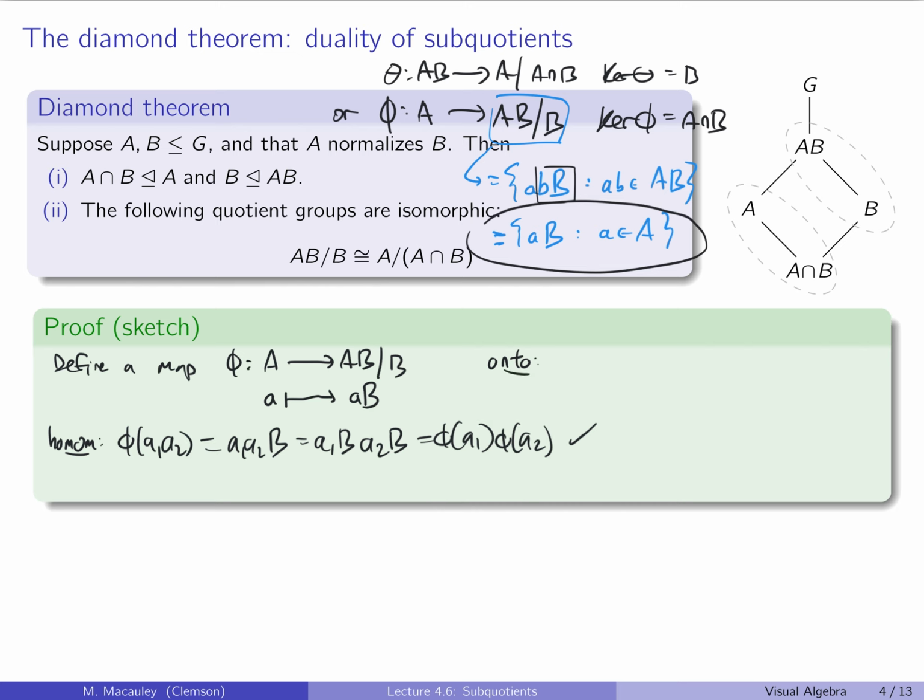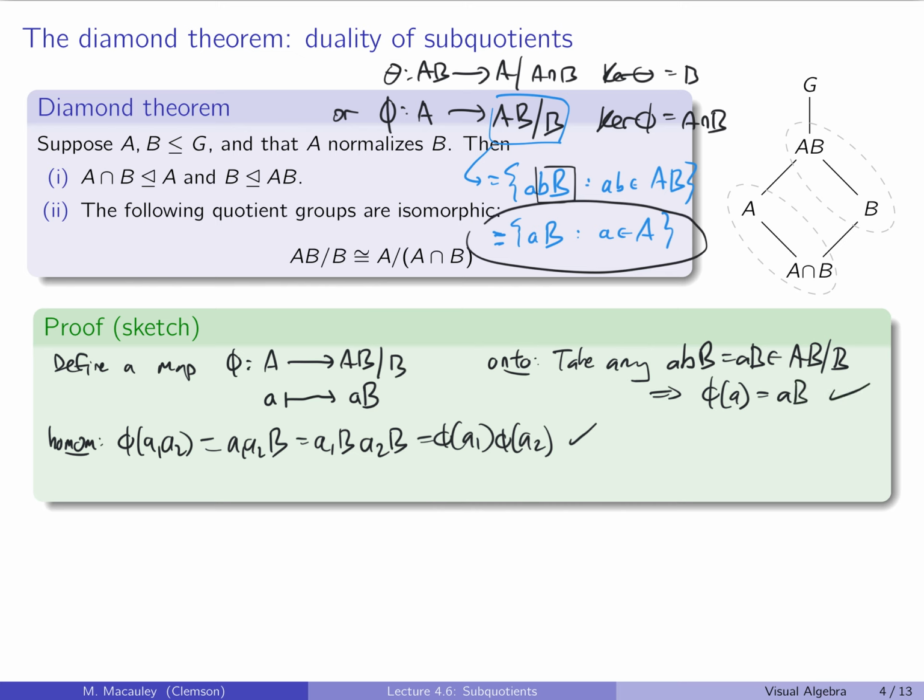Well, it's onto because if you take anything in here, which we've already said has the form AB, then yes, it has a preimage. So, if you really want to, take any AB in AB mod B, then phi of A equals AB, and you're done.